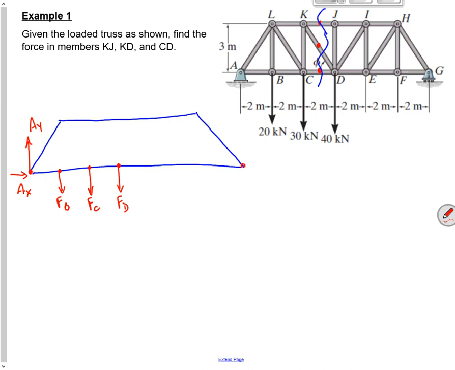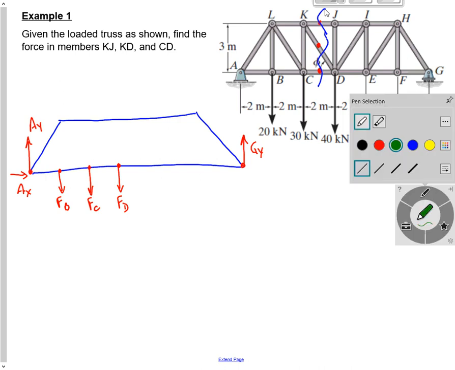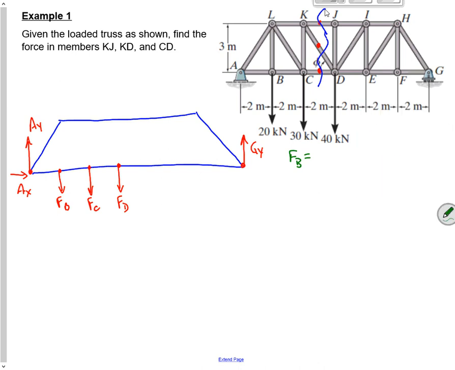And on the right-hand side, it's going to have a reaction, and that's the free body diagram of the entire truss. I can make a list over here. This one's 20 kilonewtons. This one's 30 kilonewtons. And this one's 40 kilonewtons.